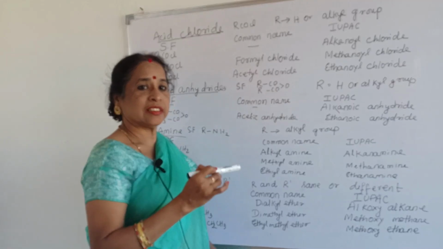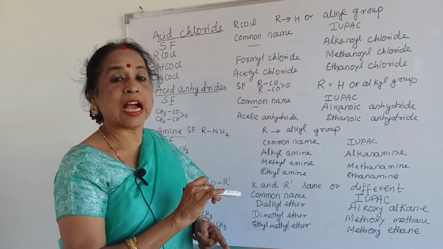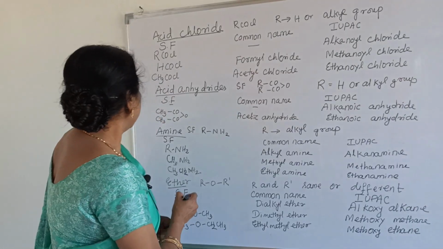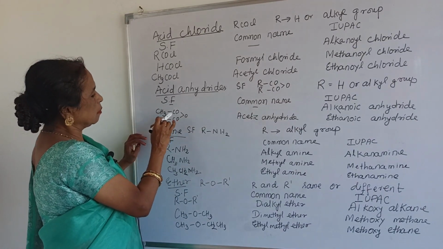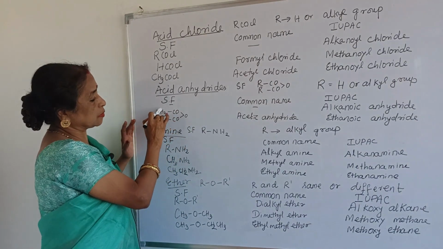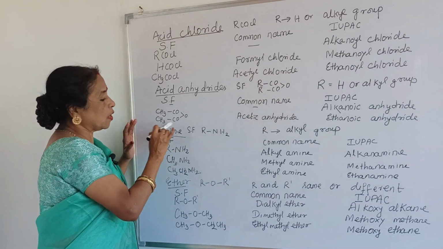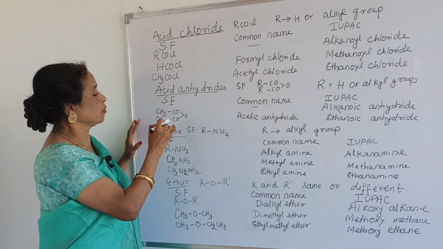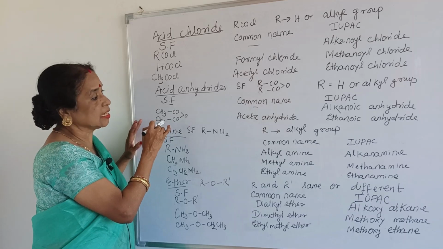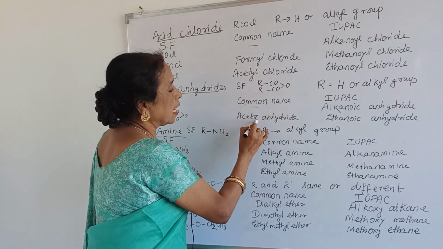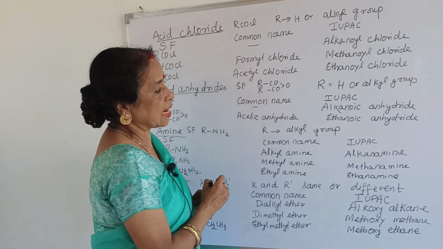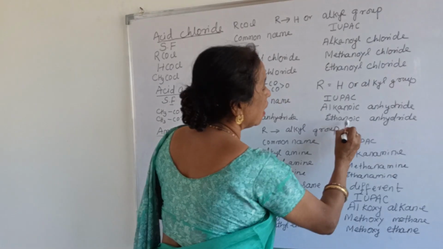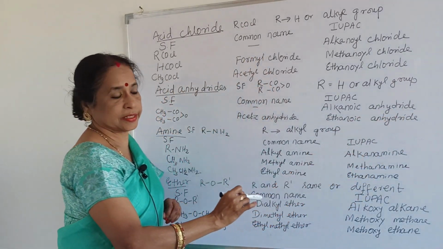Alkanoic means it comes from the IUPAC name of the acid. Here there are 2 carbons in the upper part, which indicates acetic acid. The lower part also contains 2 carbons, which also indicates acetic acid. So the common name is acetic anhydride, and the IUPAC name is ethanoic anhydride.